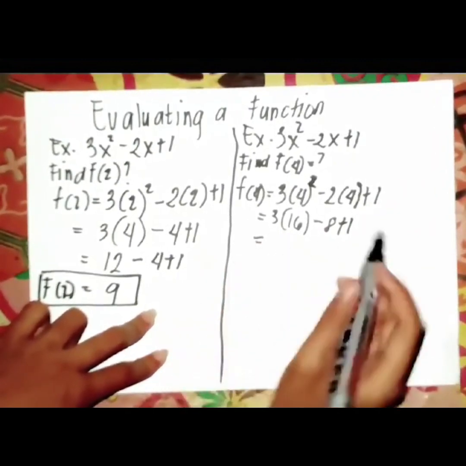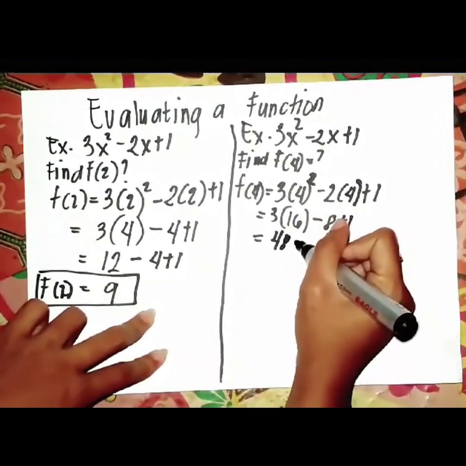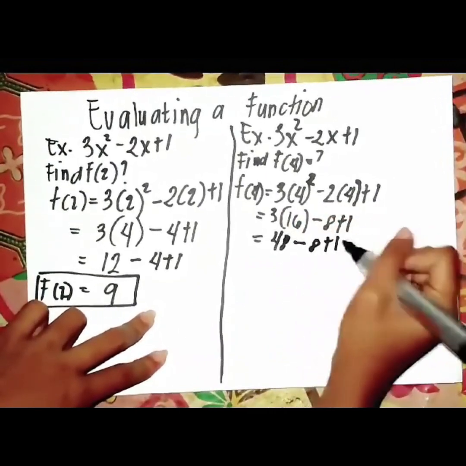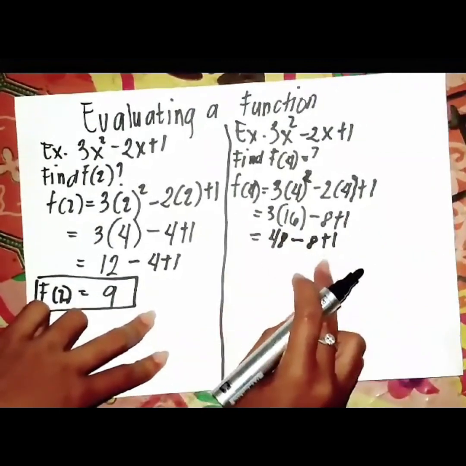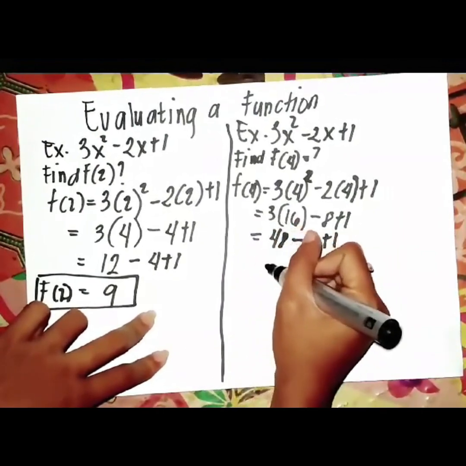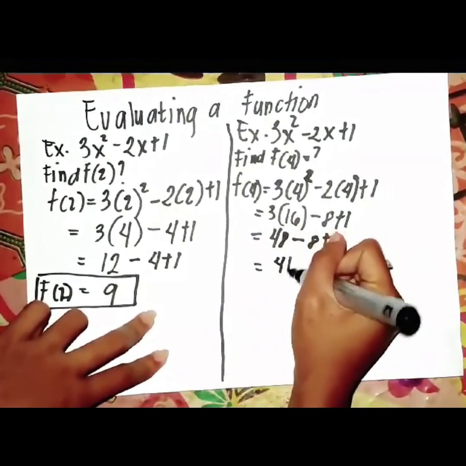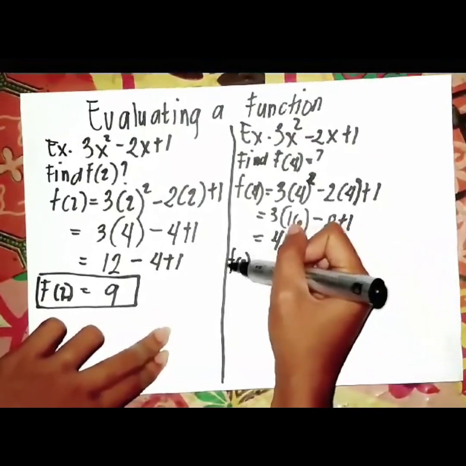So 3 times 16 equals 48 minus 8 plus 1. So 48 minus 8 equals 40, plus 1 equals 41. So f of 4 equals 41.